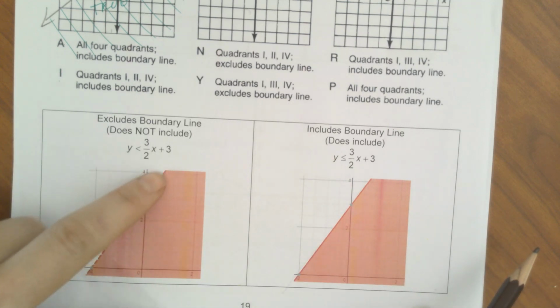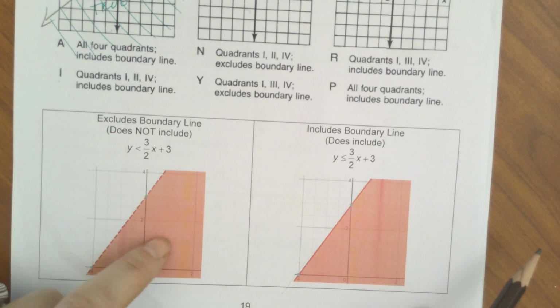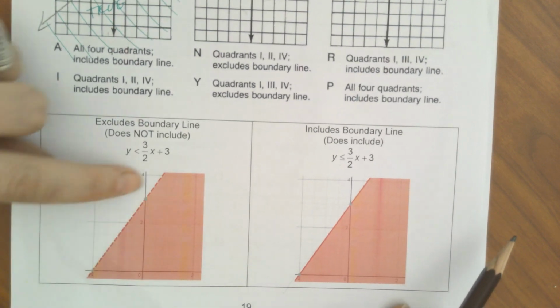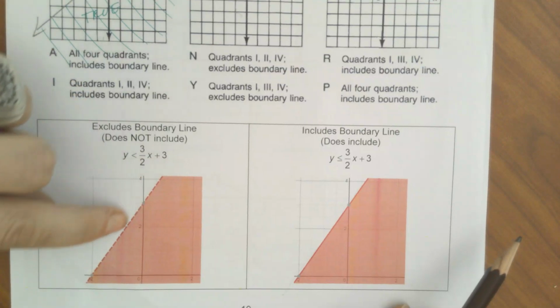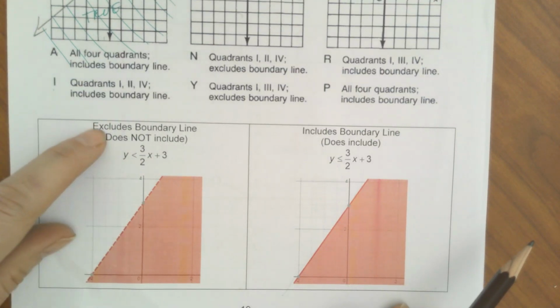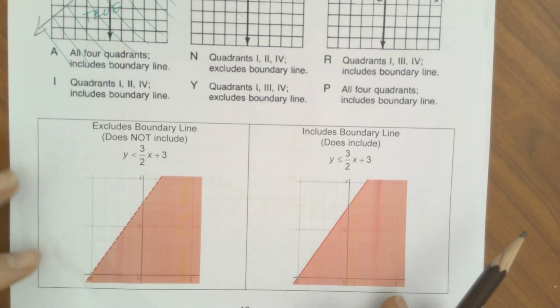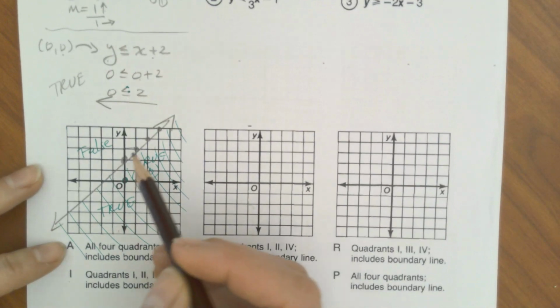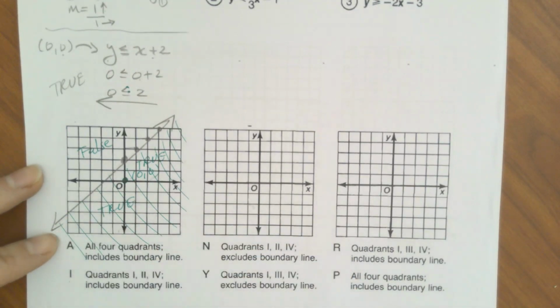But when it's dashed, I can take a point from the solution set here, and it will make it true. But if I choose one from the boundary line, it will be false because it excludes the boundary line. Okay, so here, the solution set includes the boundary line.